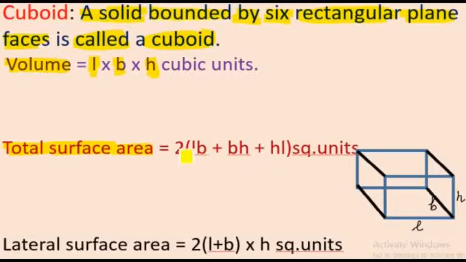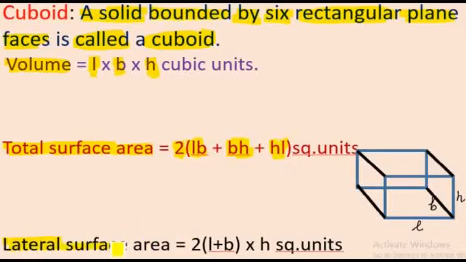The formula for that is 2 into LB, length into breadth, plus breadth into height, plus height into length.